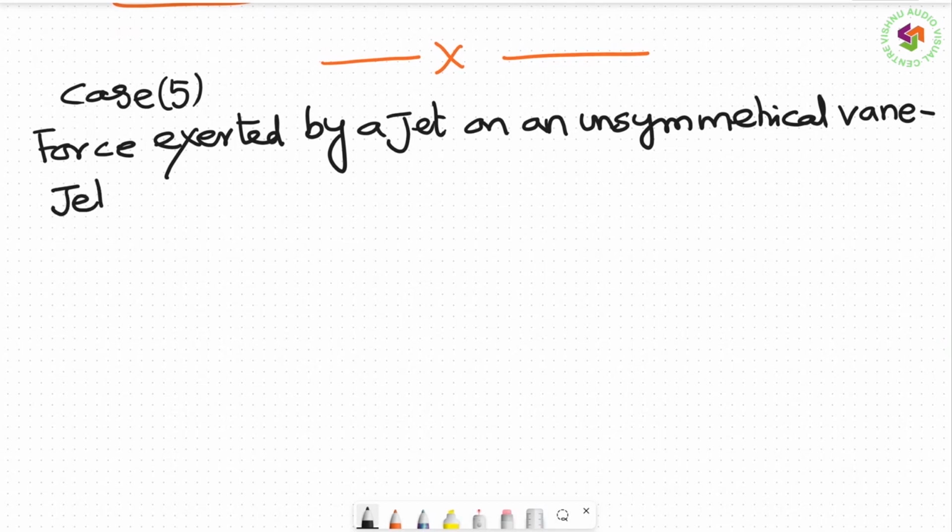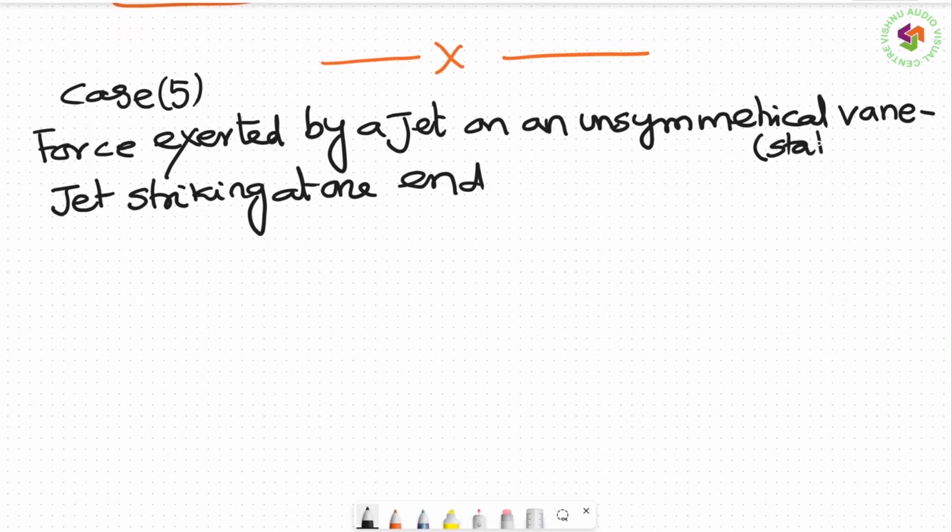Again, of course, unsymmetrical. Here you can put stationary. This is the thing. So that is the only difference. Beyond that, nothing. So again, I will try to draw the figure.